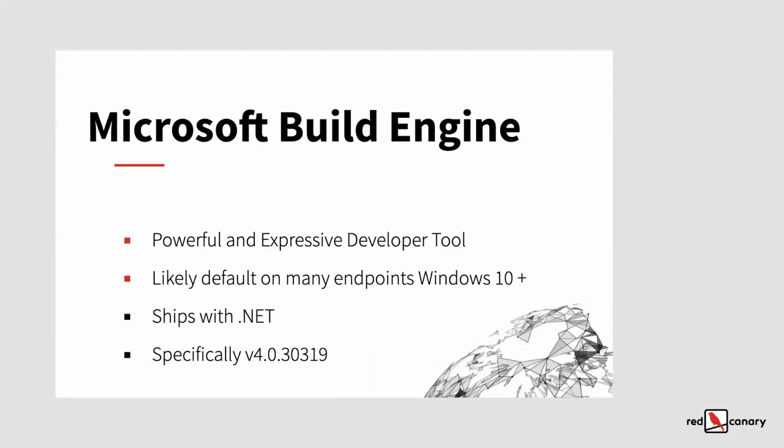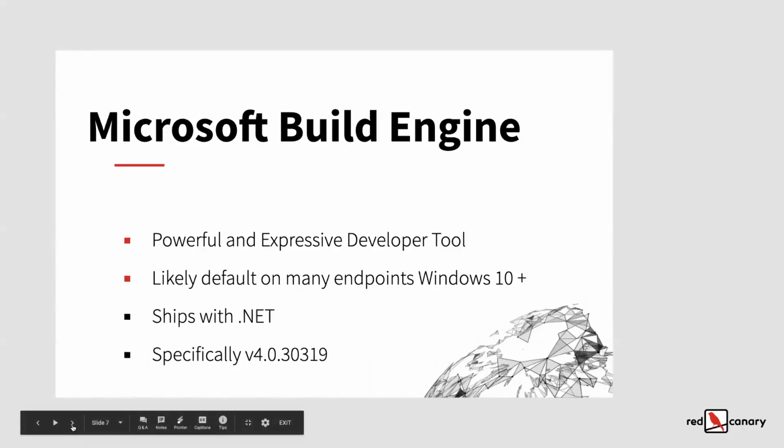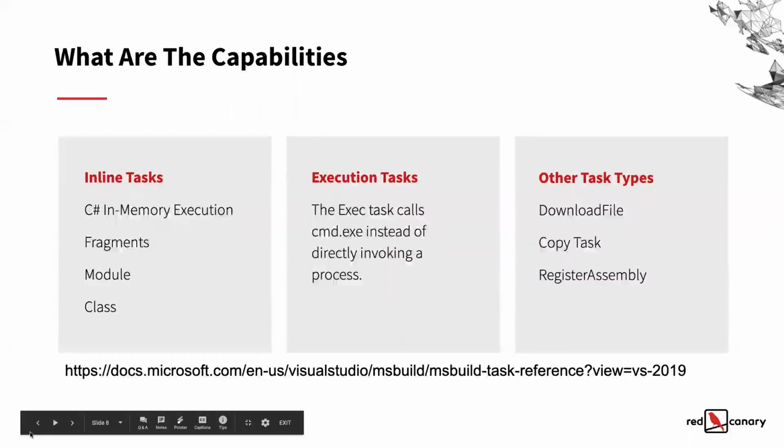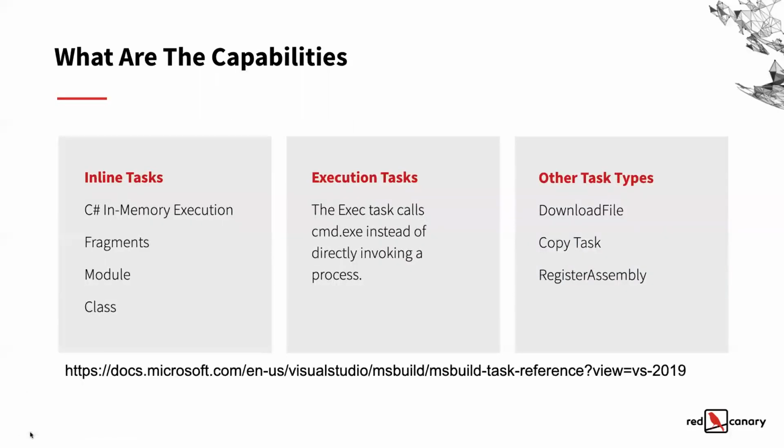So, all right. What's the big deal with MSBuild? Why do we care? First of all, this version that ships with .NET 4 has a feature called Inline Tasks. That's probably the most widely used, in terms of you can enrich the build process with C# code fragments.